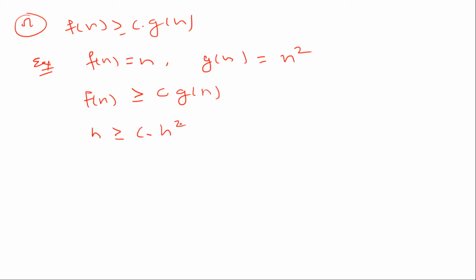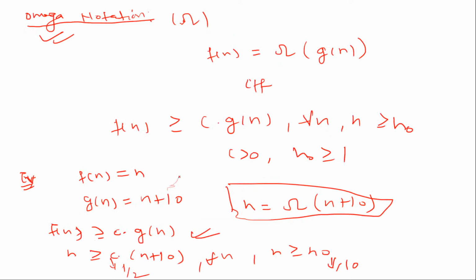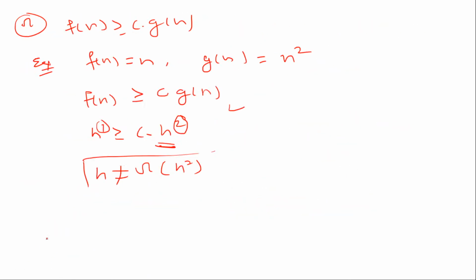So we can see the power of g(n) is 2 while here the power is 1, so g(n) would always be greater, so we cannot prove the condition f(n) greater than or equal to c·g(n). So that's why n is not omega of n squared, and this doesn't follow the omega condition, right?